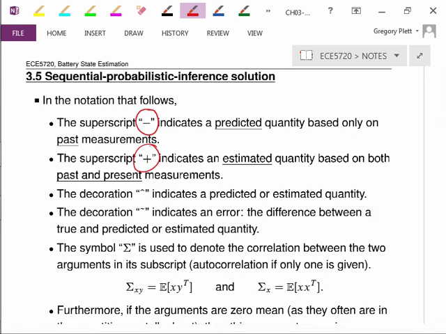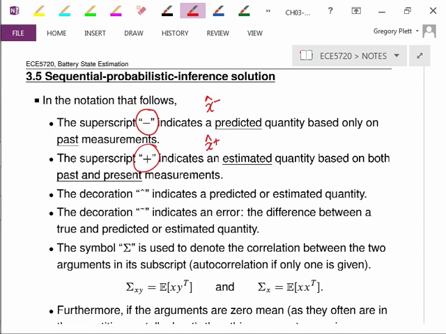When I have the decoration hat, so this might be an x minus, this might be an x plus, for a predicted state and an estimated state, whenever I have either a predicted or an estimated quantity, we use the hat on top to show that this is not the exact value, this is some guess to the value of x.